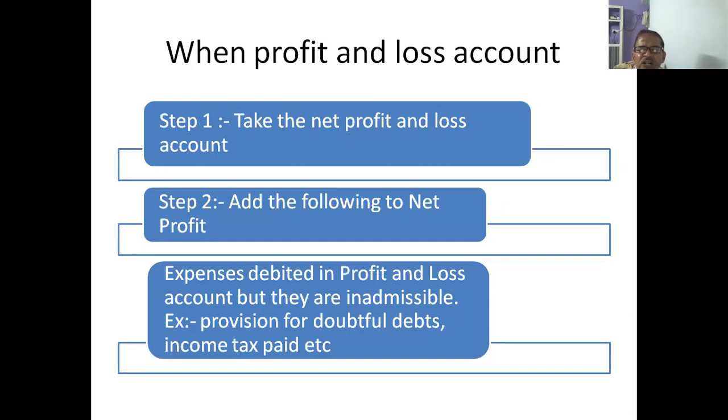Suppose you get a net loss, addition becomes subtraction. You have to subtract those expenses which are debited but inadmissible. If net profit is given, you add those expenses which are inadmissible.